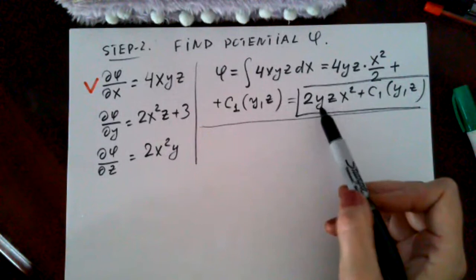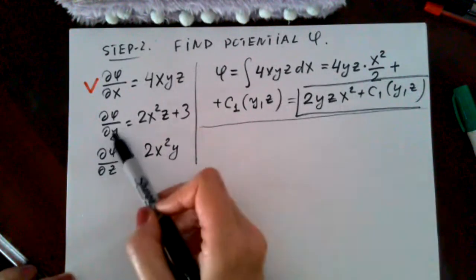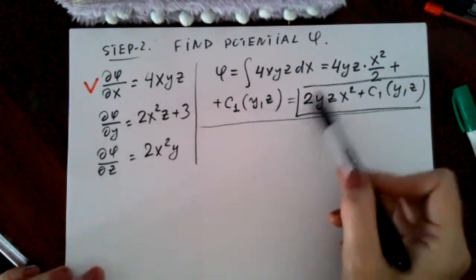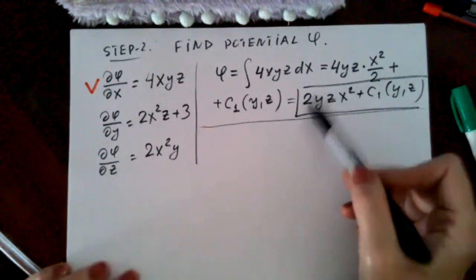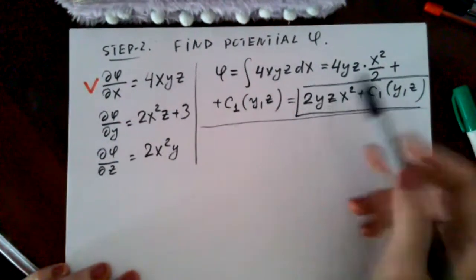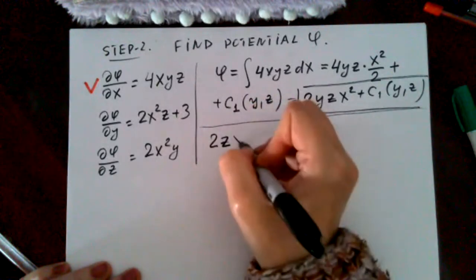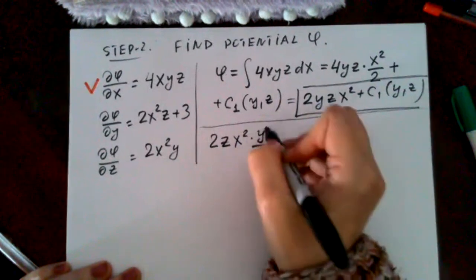So we need to rack our brains. We need to be concentrated now. We are going to take the derivative with respect to y. It means that only y is a variable here. 2zx squared remain unchanged. They turn into a constant, 2zx squared, and this is going to be y squared divided by 2.